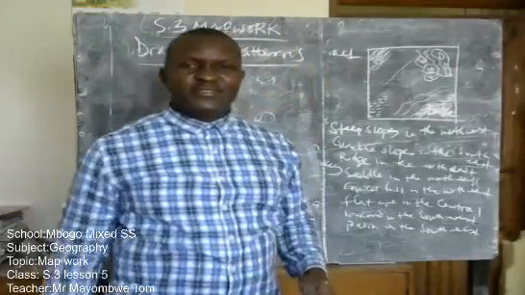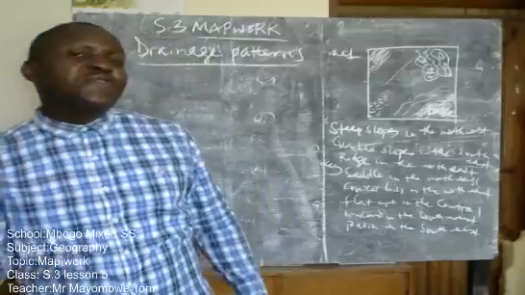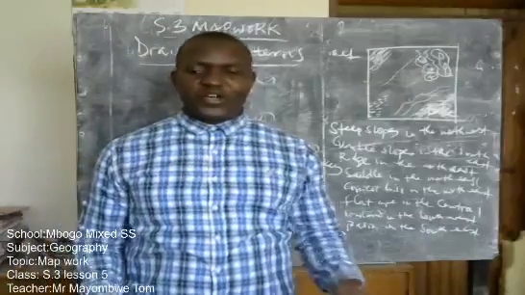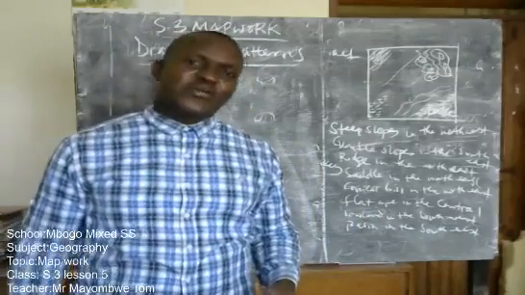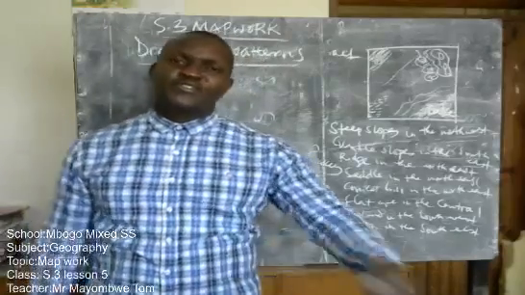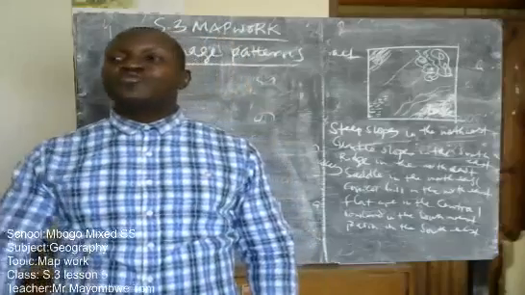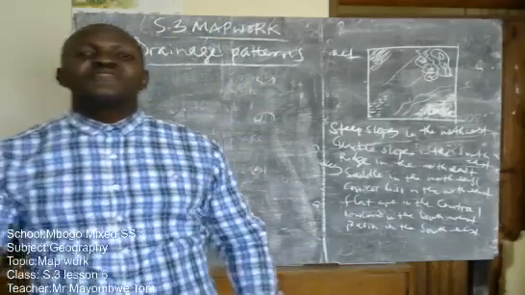Drainage patterns are different from drainage features. When we talk about drainage features, this is where we can talk about lakes, rivers, swamps, ponds. Those are drainage features. Those water sources, those are drainage features.